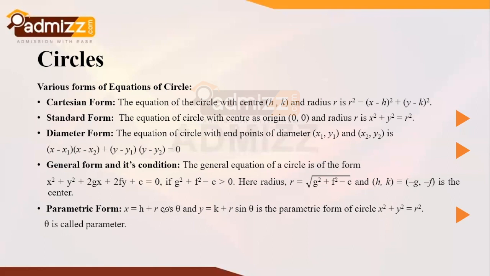Theta is called the parameter value. Now if the center is origin, this equation can be rewritten as x equal to r cos theta and y equal to r sin theta, and this theta is the parameter value. That means if the value of theta changes, then definitely the equation may get affected.